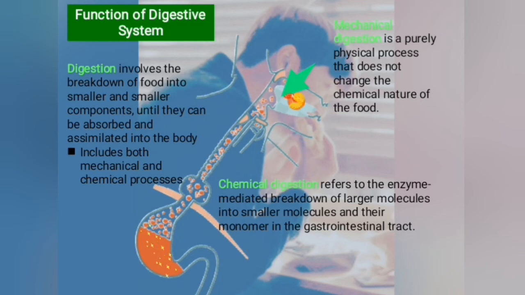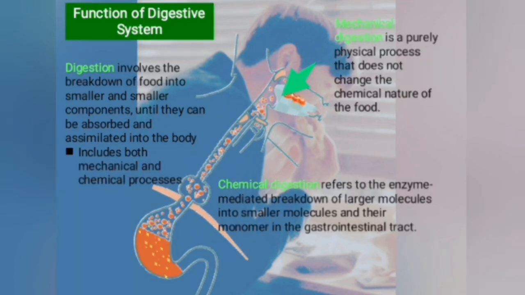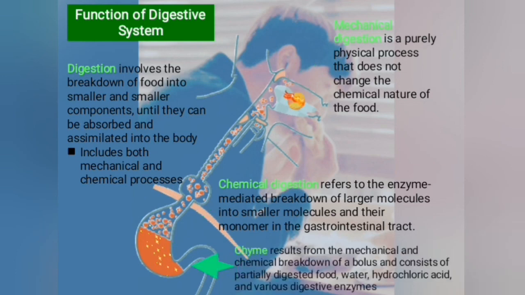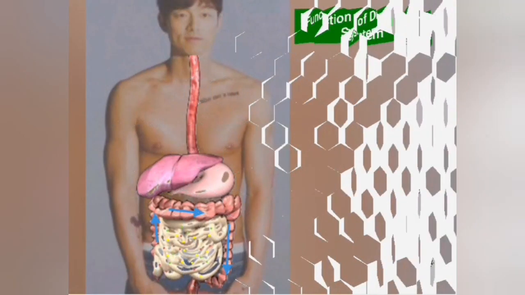This process begins with the chewing of food and continues with the muscular churning of the stomach. Additional churning occurs in the small intestine through muscular constriction of the intestinal wall. Chemical digestion is the process of chemically breaking down food into simpler molecules. The process is carried out by enzymes in the stomach and small intestine.